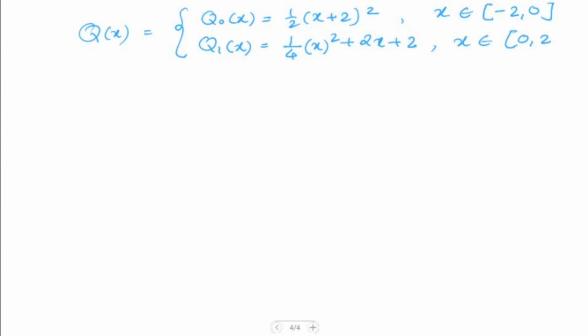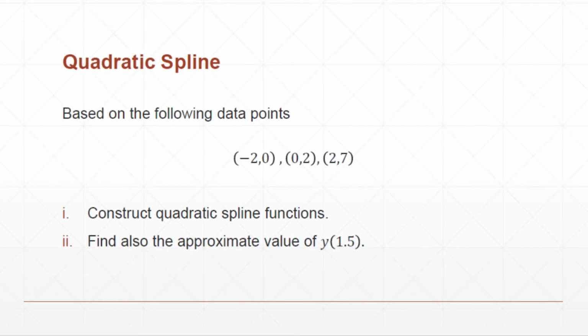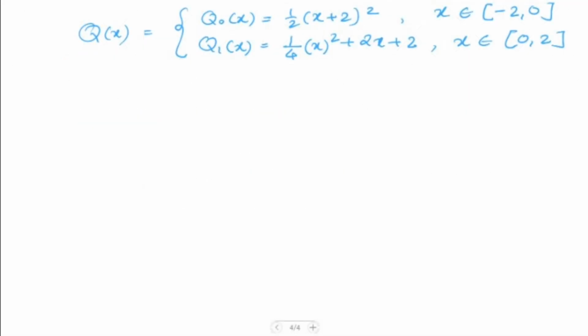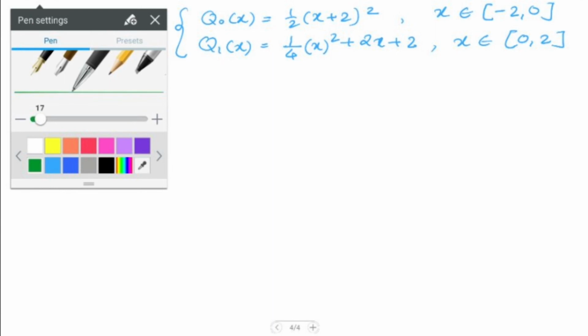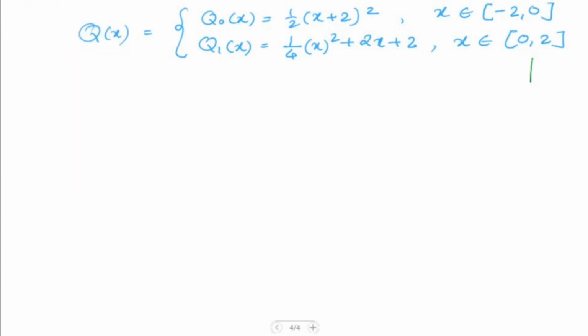Now, if you look at the question back here, they told us to find also the approximate value of y at 1.5. So y at 1.5 will be in the second spline, right? Here we have values from 0 to 2, and 1.5 will be in between somewhere. So we'll use the second spline, that's Q1.